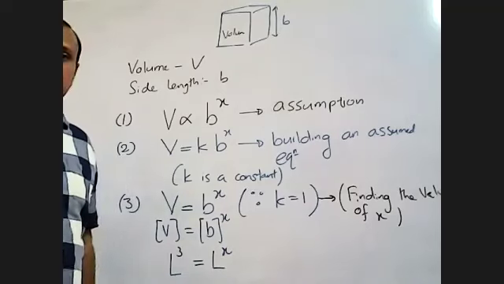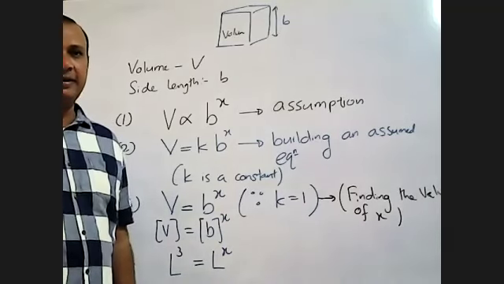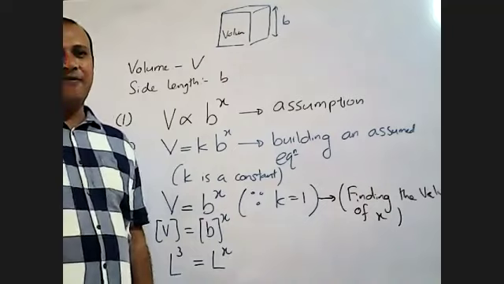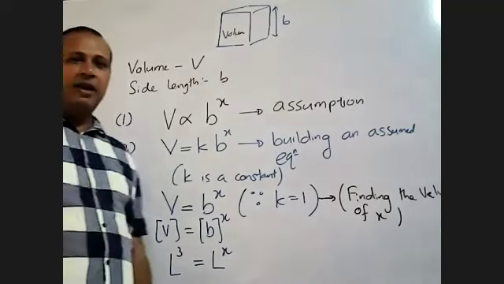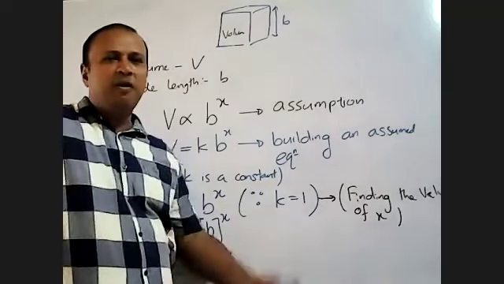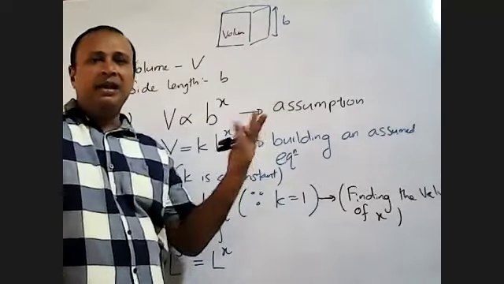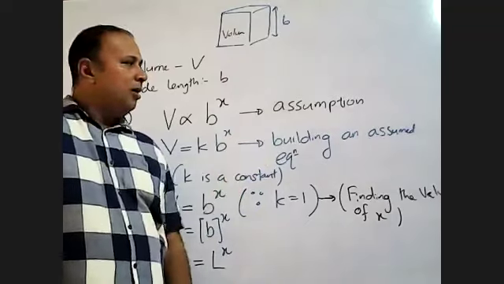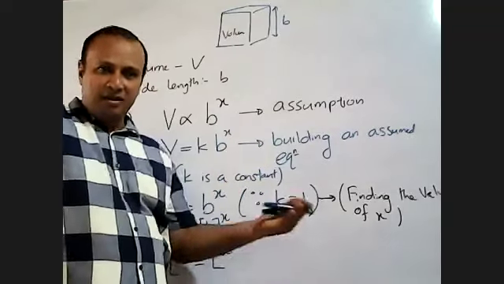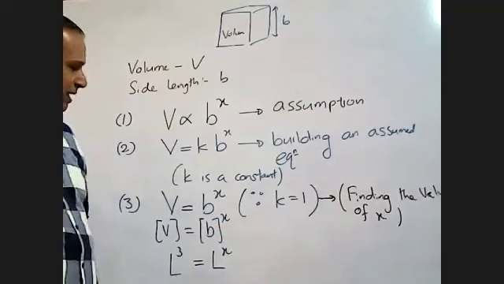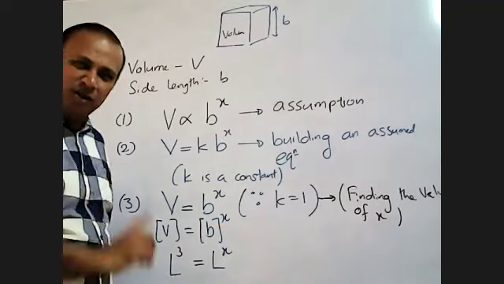Actually, you have to equate only three powers, because there are only three variables: M, L, and T. In this case, there is only one.